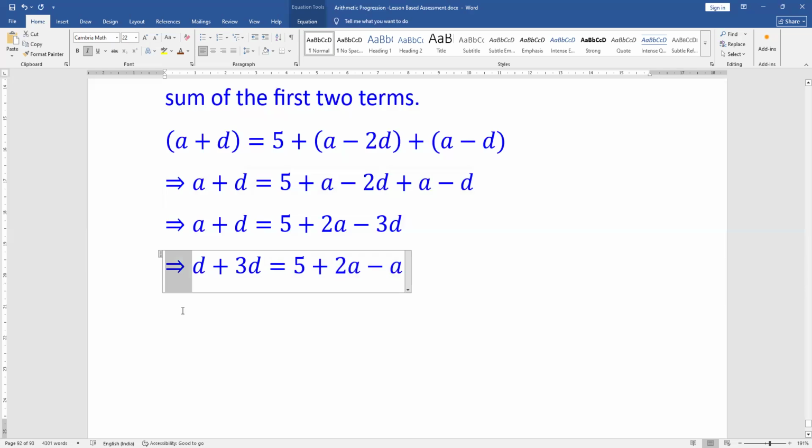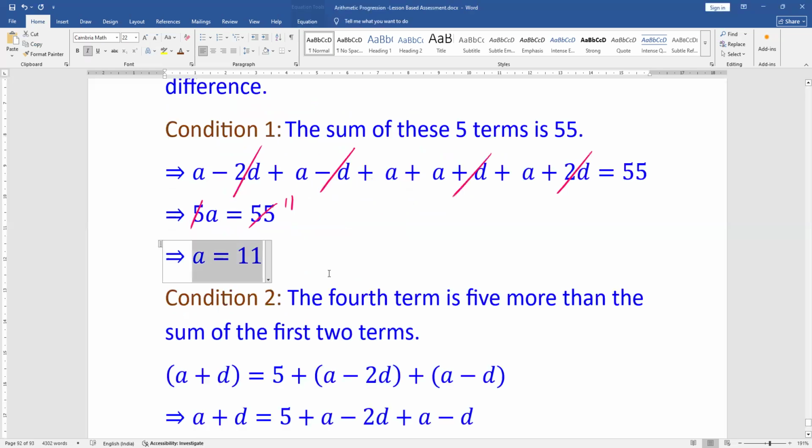So d plus 3d is nothing but 4d, correct? 4d equals 5 plus 2a minus a, which is nothing but plus a.